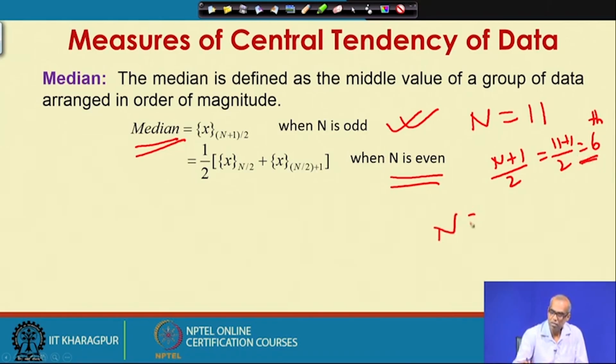If n is 10, it is even, so it has to be the average of 5 and 6.